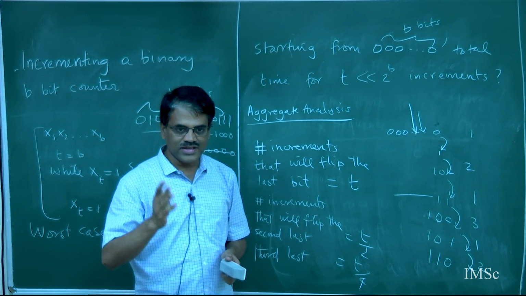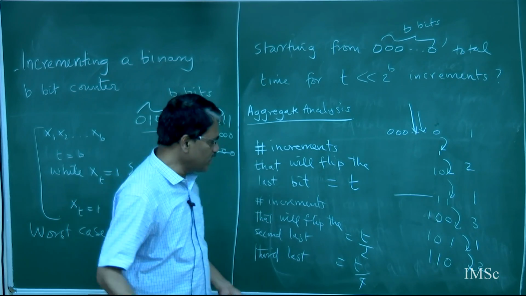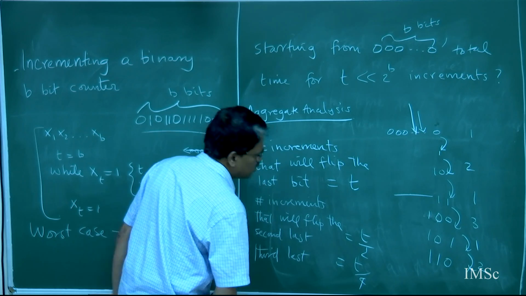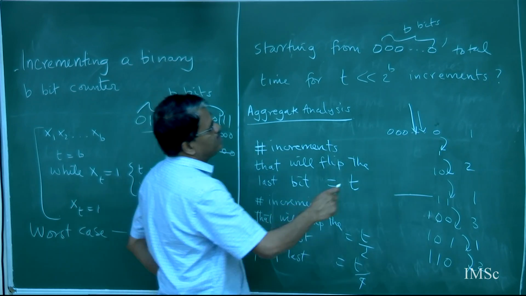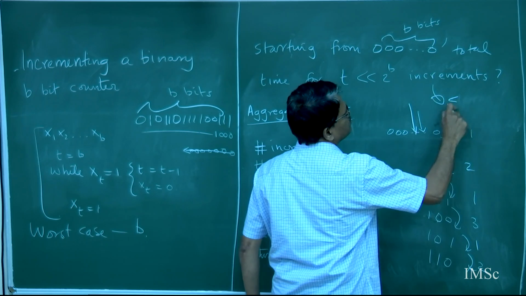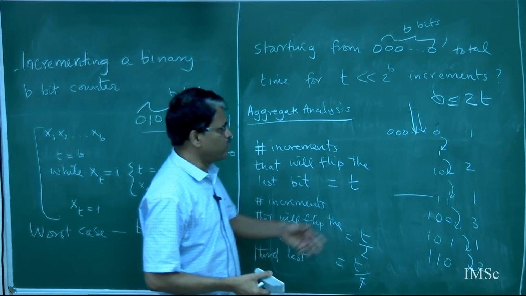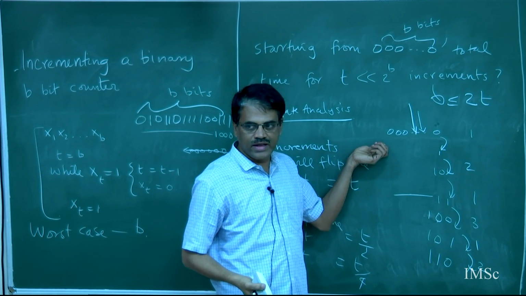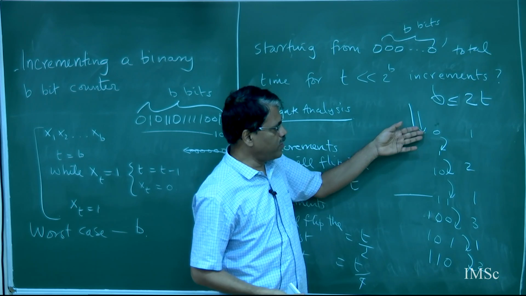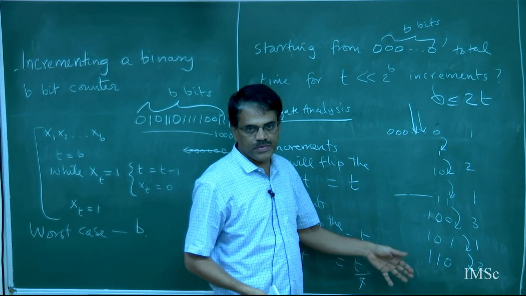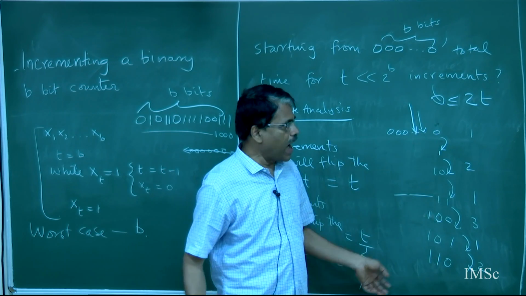It's a geometric series. So the total number of flips is 2T. Even if I go all the way up to infinity, which I won't, because we are only doing T flips totally, T plus T by 2 plus T by 4 plus T by 8 will add up to at most 2T.